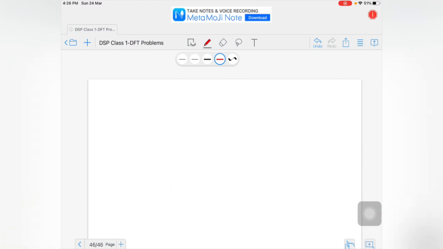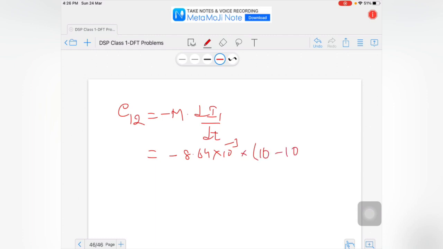The EMF produced in the second coil is given by minus M into di1 by dt. We already calculated M, which is 8.64 into 10 to the power of minus 3. The rate of change of current is 10 to minus 10 divided by 20 milliseconds.